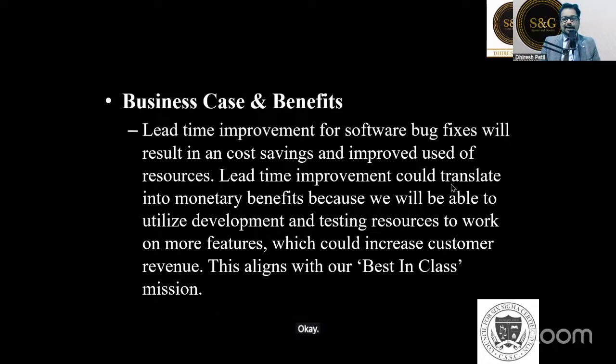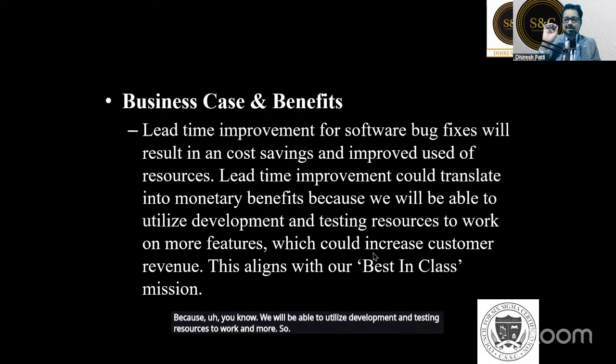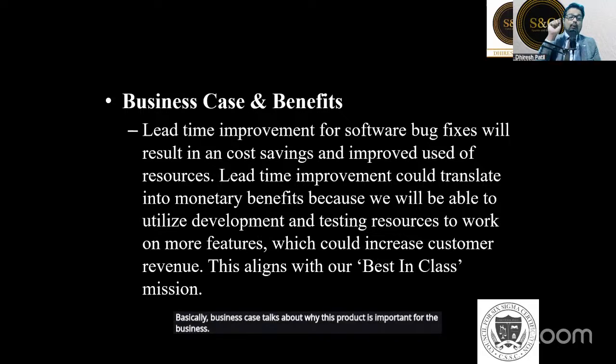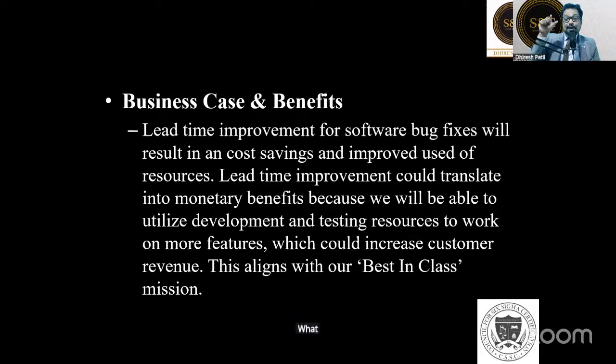A lead time improvement could also translate into monetary benefits, because we will be able to use development and testing resources to do more work. So basically, the business case talks about why this project is important for the business and what the business implications are.